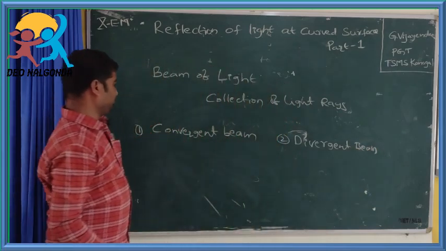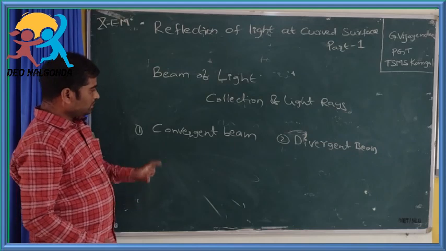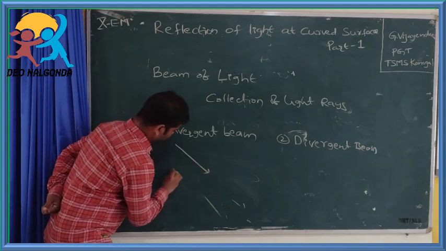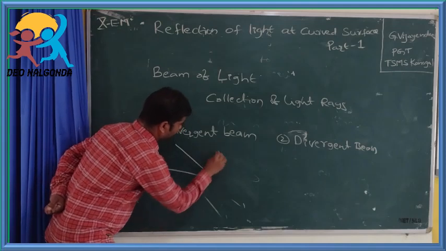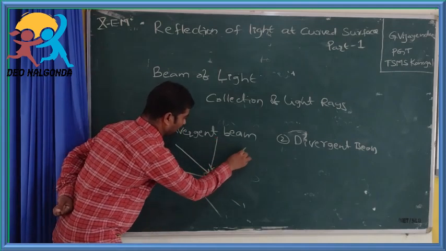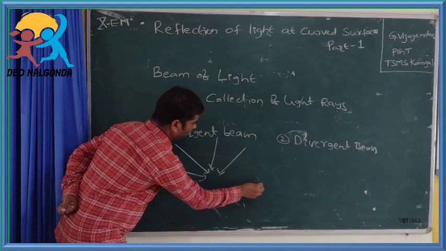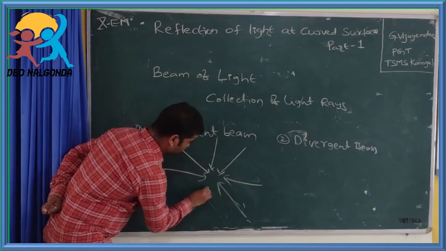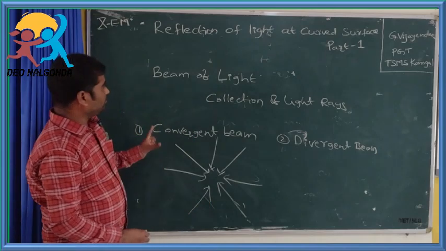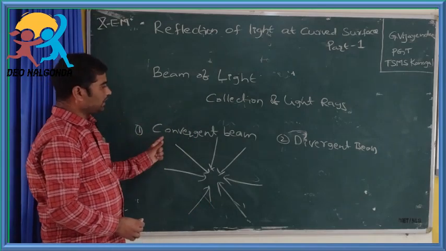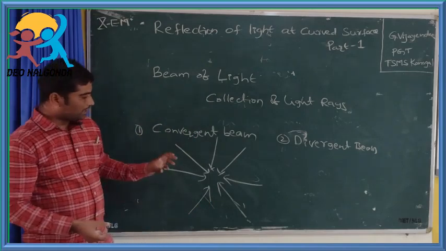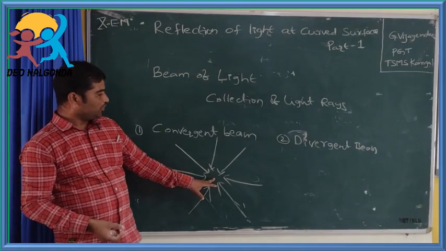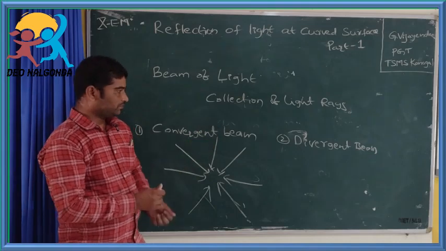Convergent means all light rays are coming towards a point or moving towards a point. This type of beam of light is called a convergent beam. If all the light rays are coming towards a point, then the light beam is called a convergent beam.